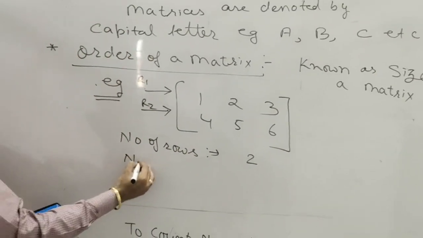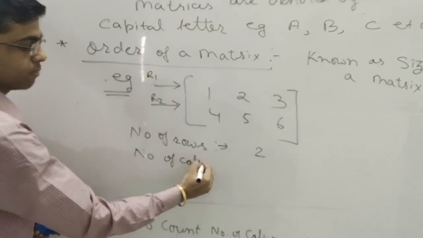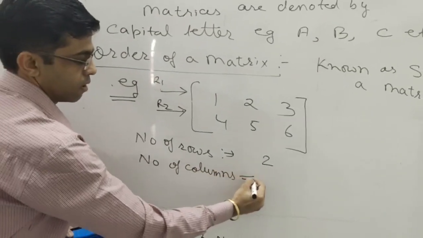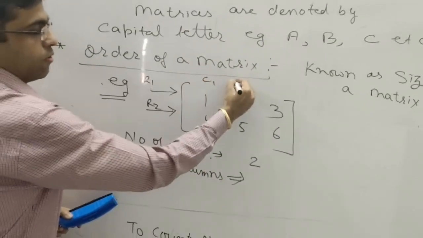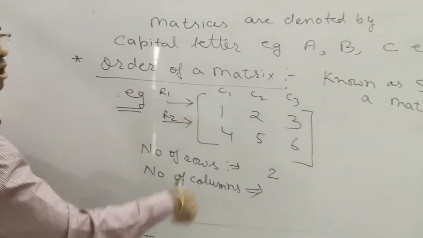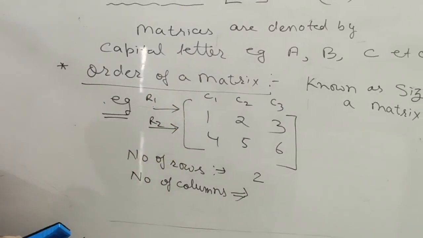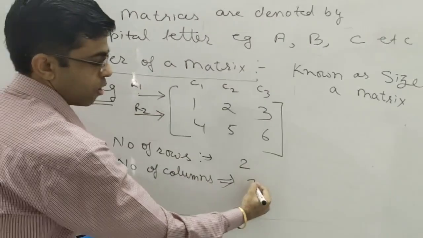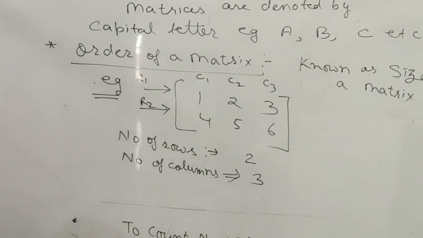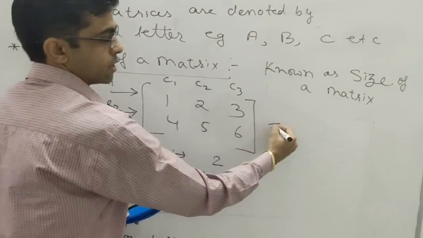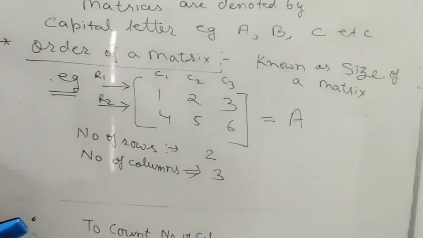And the number of columns: C1, C2, C3. Columns are the vertical lines. So there are 3 columns in this matrix, and I am denoting this matrix as capital A.